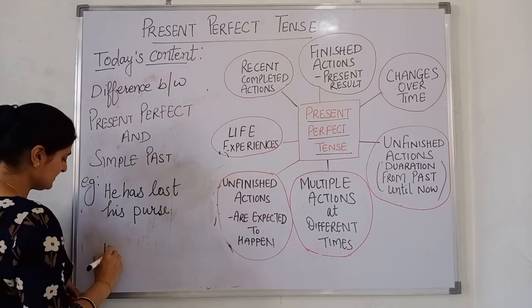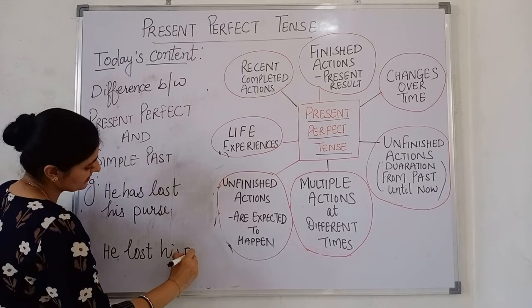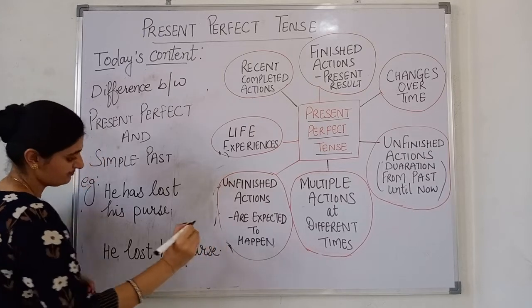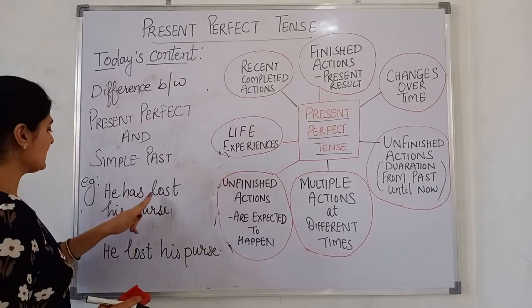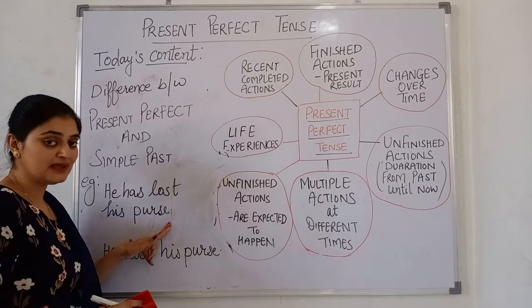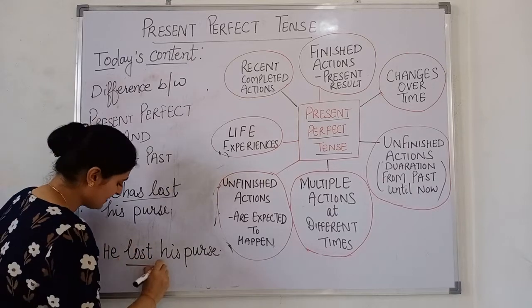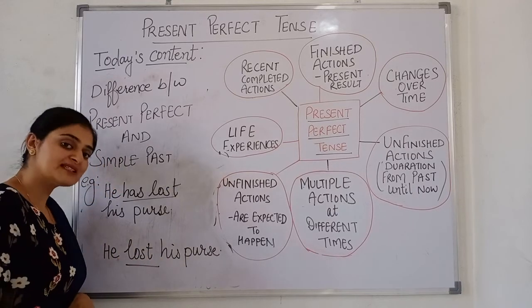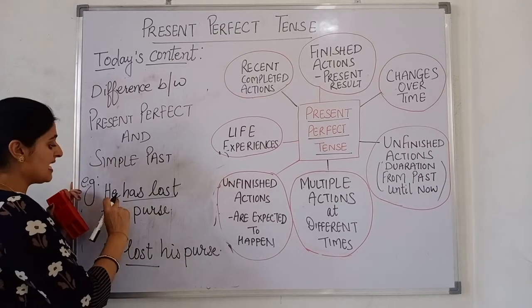Second sentence is, he lost his purse. Let us take the first sentence. He has lost his purse. Here I have used present perfect tense and here I have used simple past. Clear? So what is the difference in the meaning?